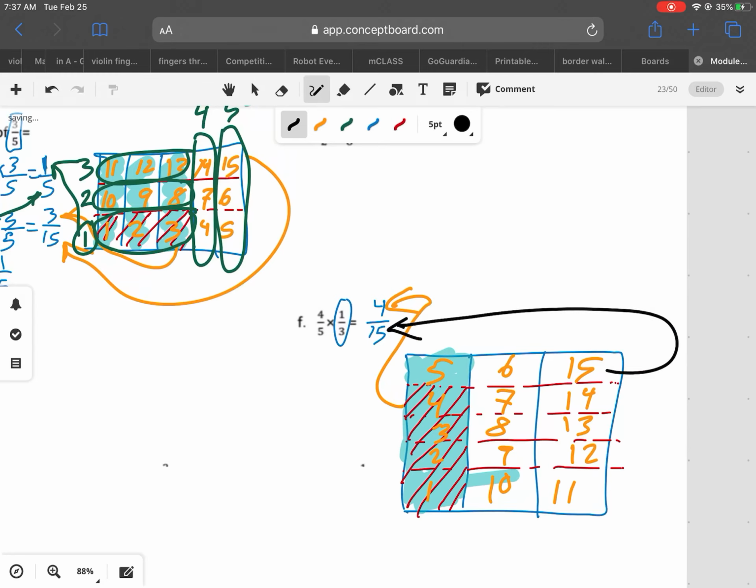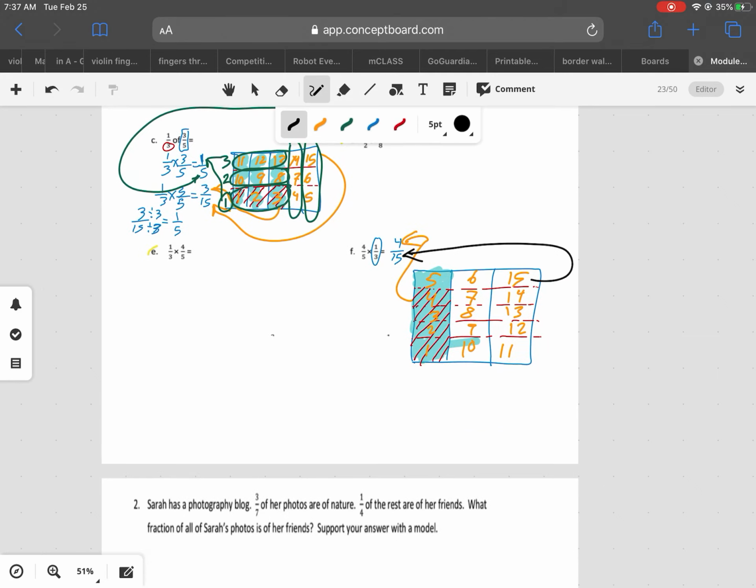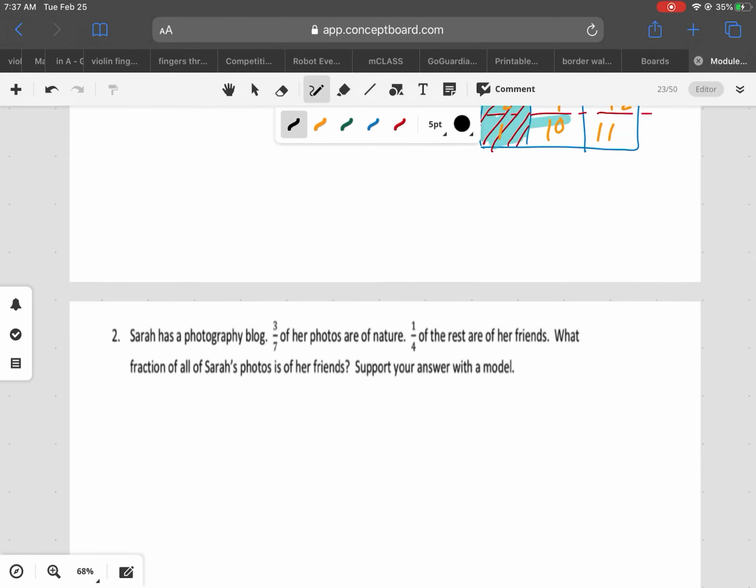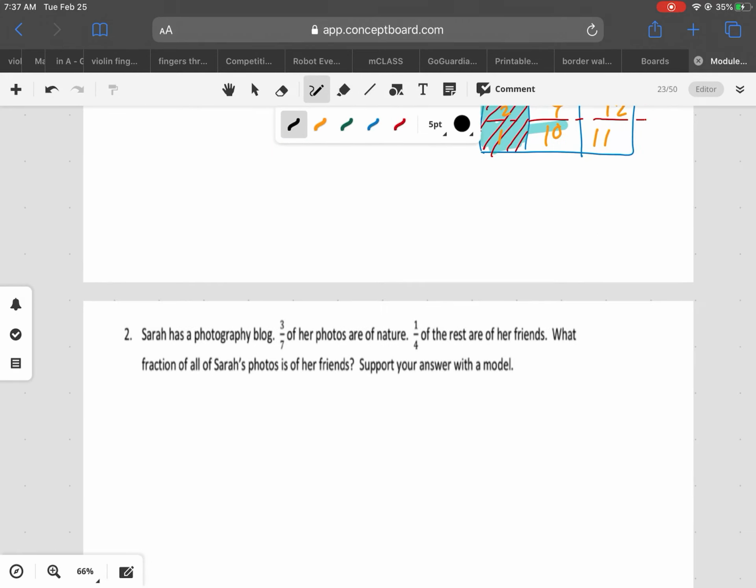I'll change the color of that arrow so you see the 15. So there we have it, 4/15. We can't separate them into groups of 4 because 15 is not divisible by 4. So there's our answer for that. Alright, I was going to help you set this up, but I'm running out of time, so do your best.